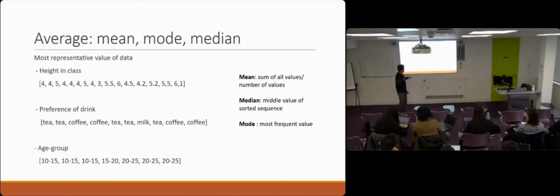So for example, 10 to 15 I have 3 numbers, 15 to 20 I have 1, and 20 to 25 I have 3. I consider, okay, let's say take the middle value of this 10 to 15, which is 12.5, 12.5, 12.5, 12.5, 15 to 20, 17.5, and 20 to 25 is 22.5 as a middle value.